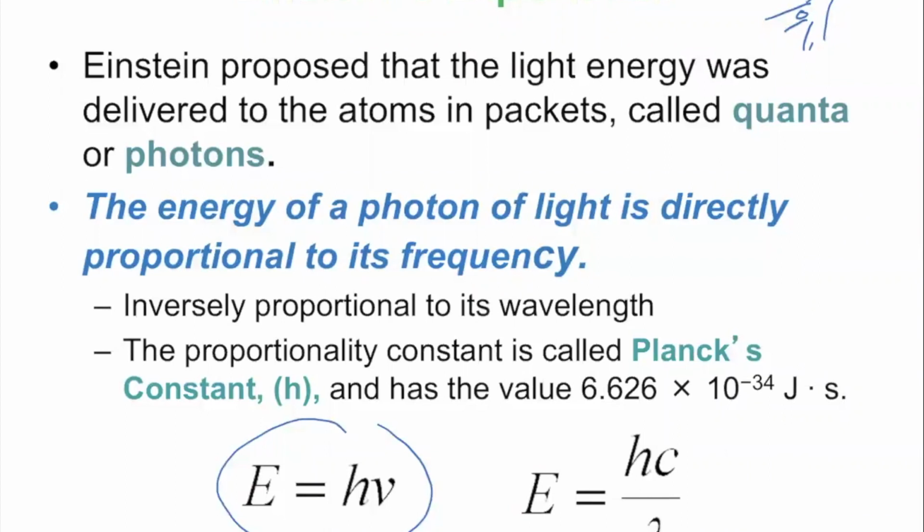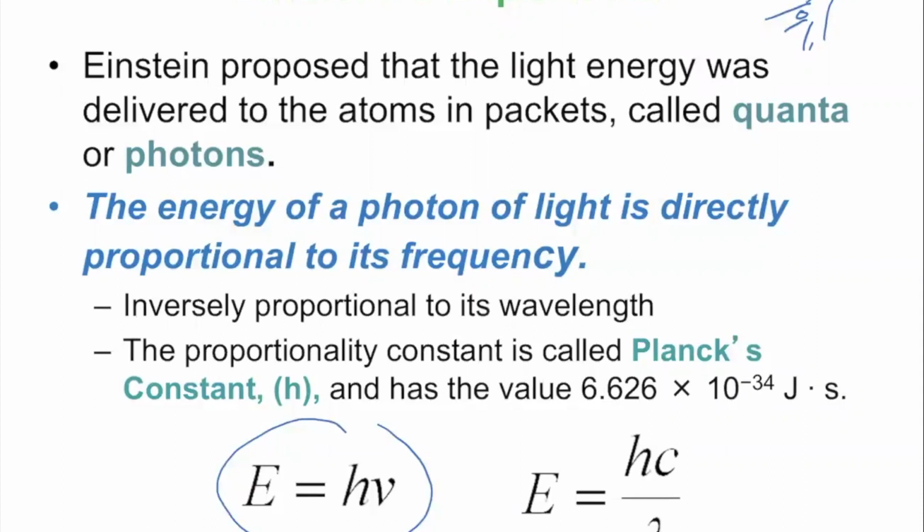So unlike classical theory, in which light is viewed purely as a wave whose intensity was continuously variable, Einstein suggests that light was lumpy, because of those lumps, those pockets of energy.